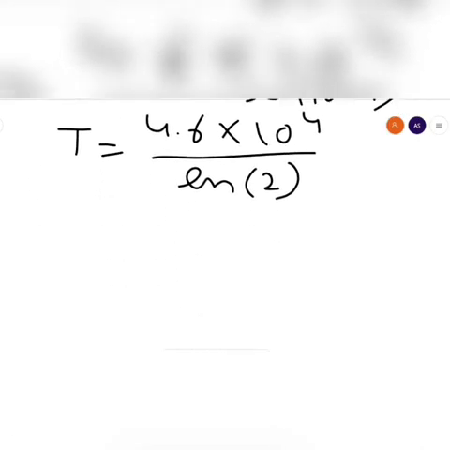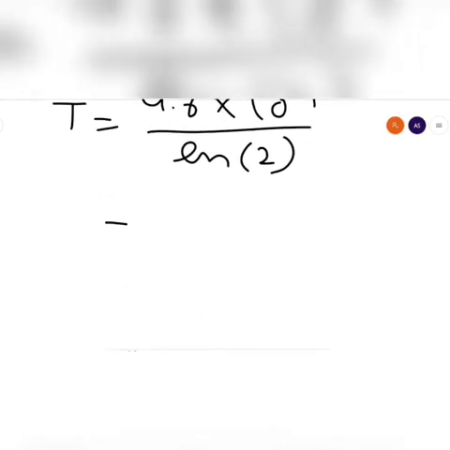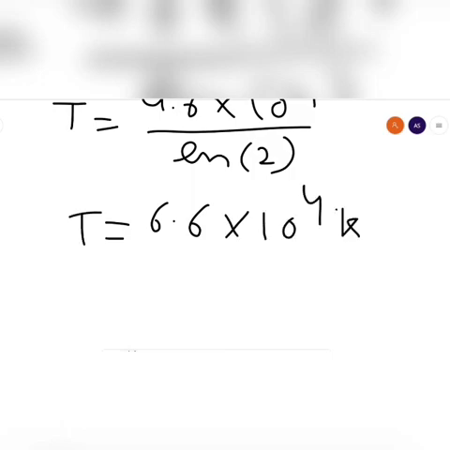You can write ln. Now the value of T is equal to 6.6 into 10 to the power 4 Kelvin. This is the final answer of this question.